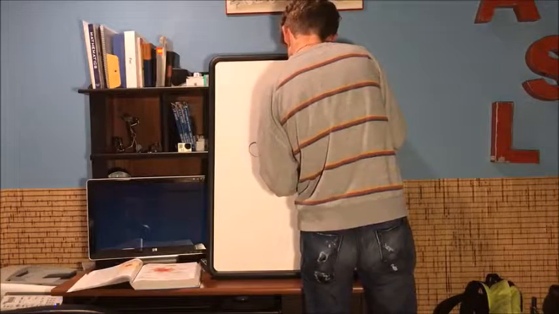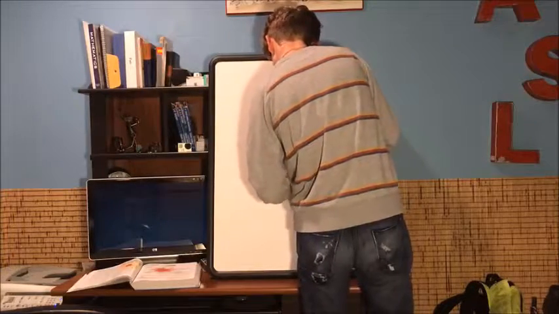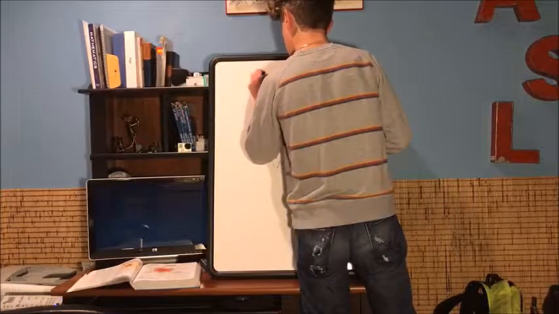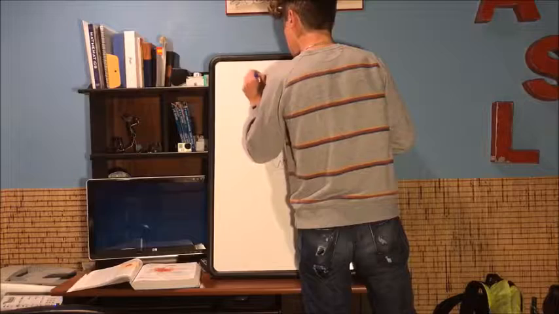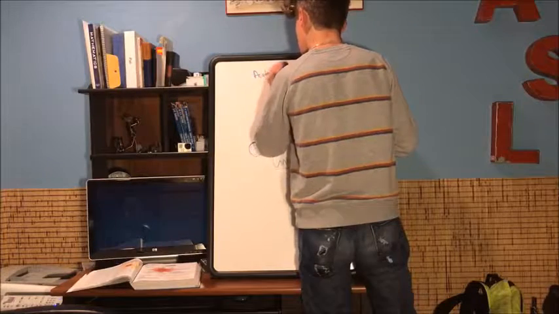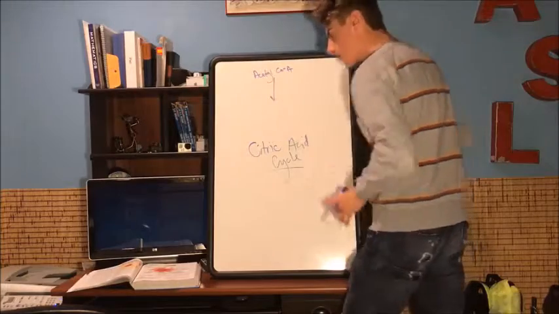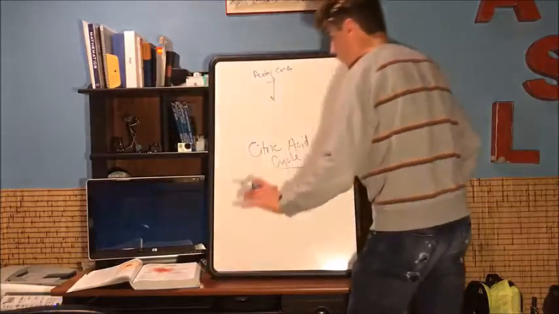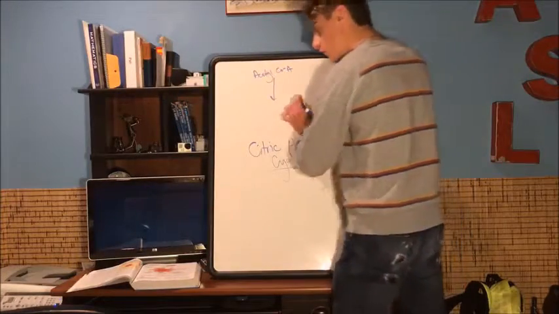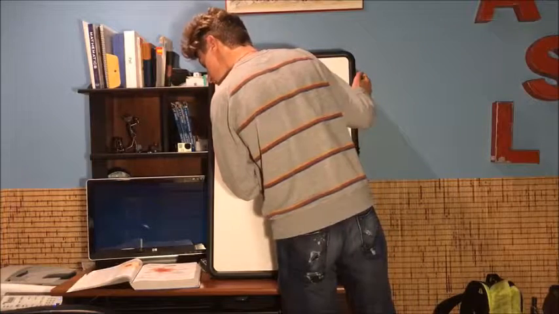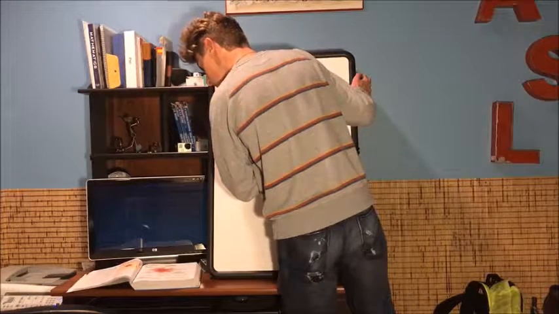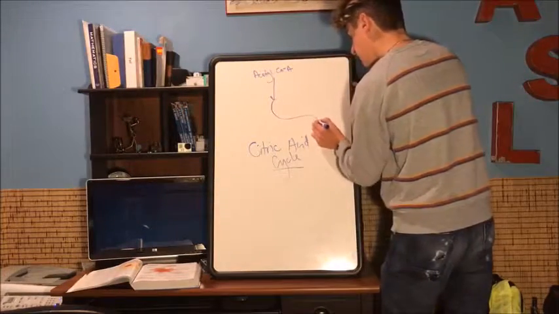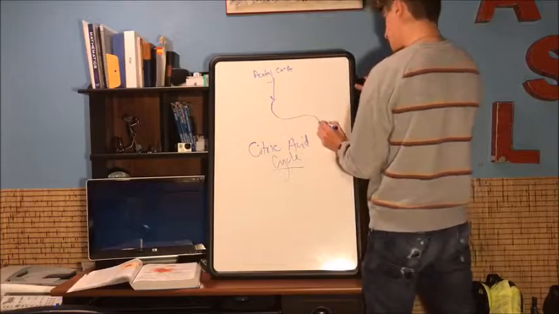Citric acid. We got our citric acid cycle with our acetyl-CoA going in, and then through a process of redox reactions, we start our cycle and we get 2 CO2.